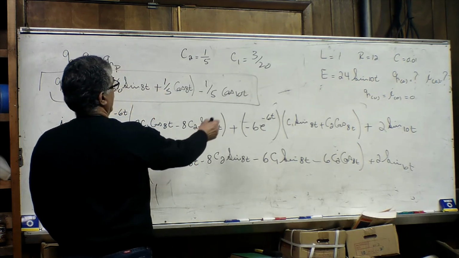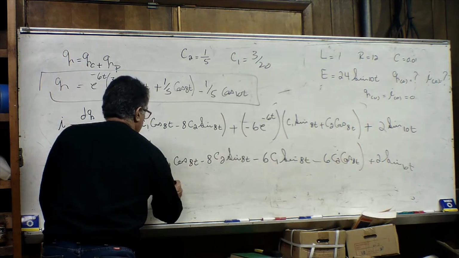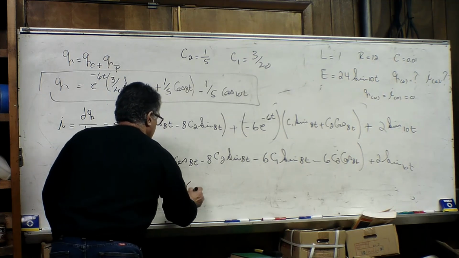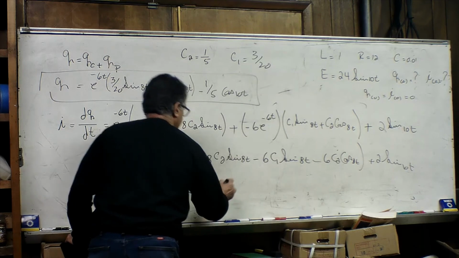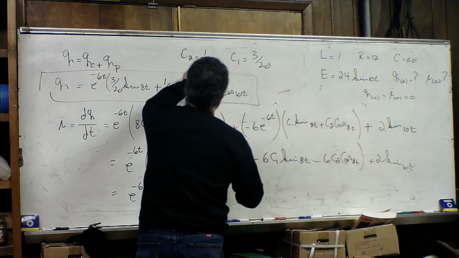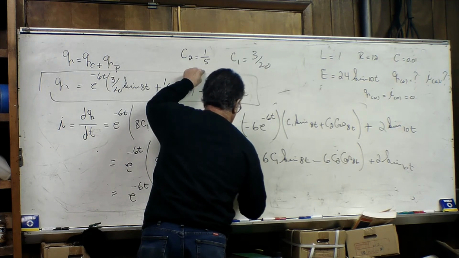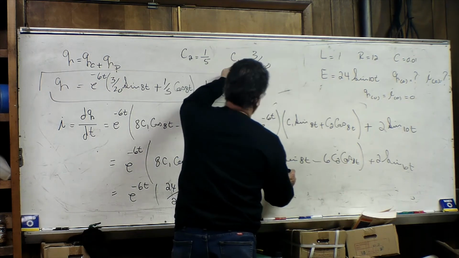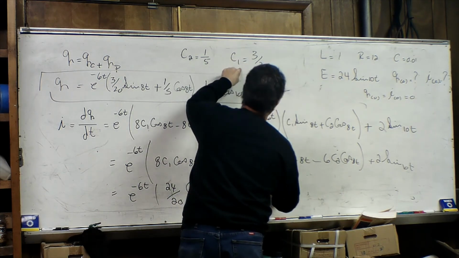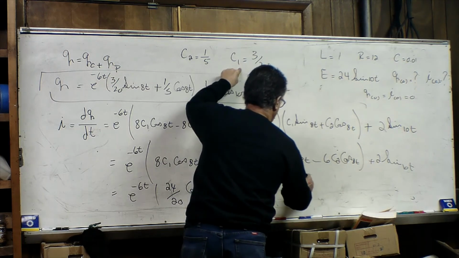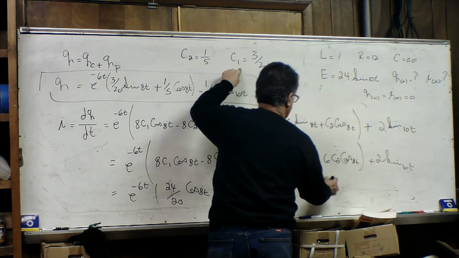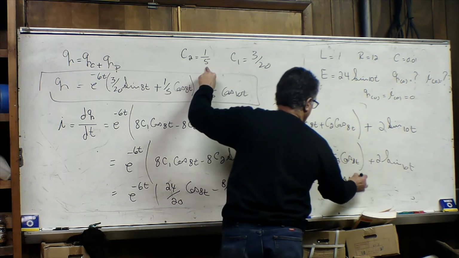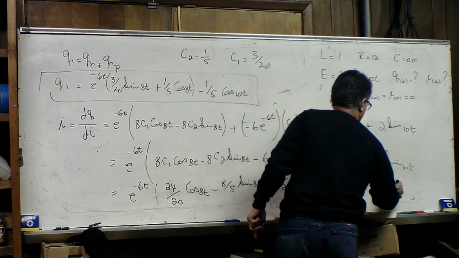So 8c1 means 24 divided by 20 cosine of 8t minus 8c2, minus 8 over 5 sine of 8t, minus 6c1, so that will be 18 divided by 20 sine of 8t, minus 6 divided by 5 cosine of 8t plus 2 sine of 10t.